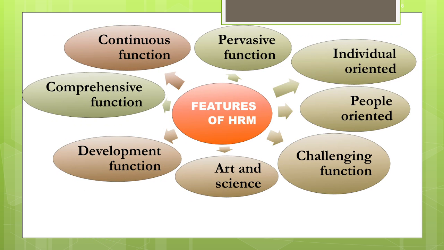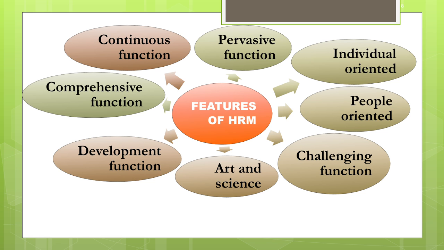And then when you look at human resource management, there are some characteristics, or features, that it has. One, it is a pervasive function. When we say that human resource is a pervasive function, it means that each and every manager will find themselves practicing HR.